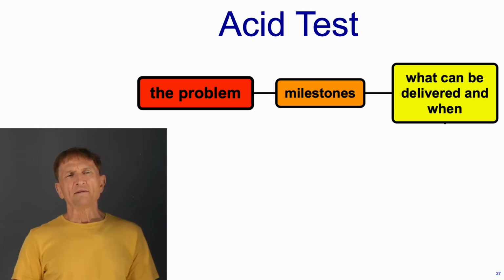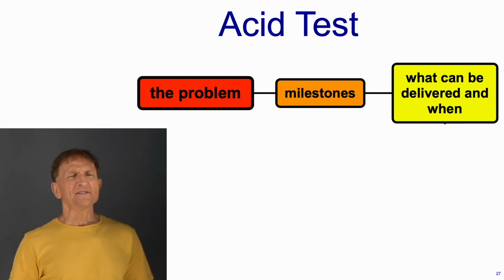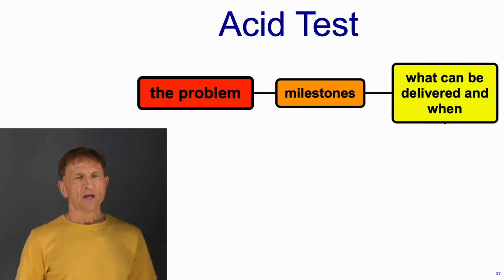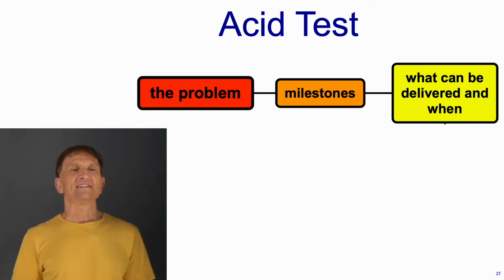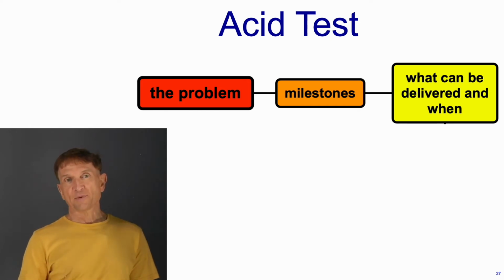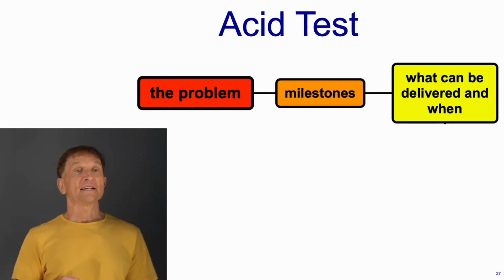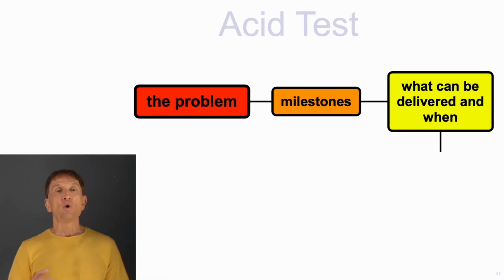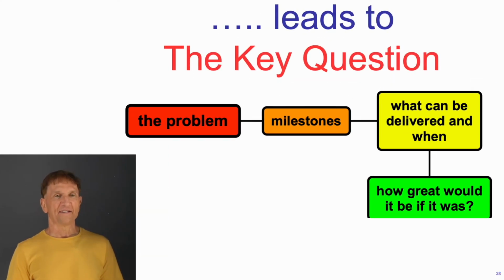Because when proposers write about the problem, they tend to emphasize how important and how interesting it is. But the milestones don't tell any lies. They're promises. They promise, especially in conjunction with a Gantt chart, a timeline, what will be delivered and when.